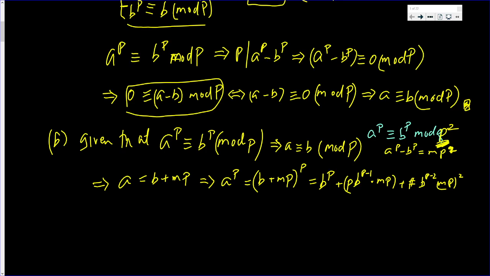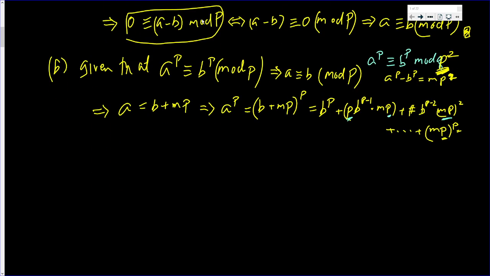Notice here we have our p times a p. Here we have p squared. And this continues all the way up to mp to the p. Now p is prime. That means it's at least 2. So once again, we have at least p squared.